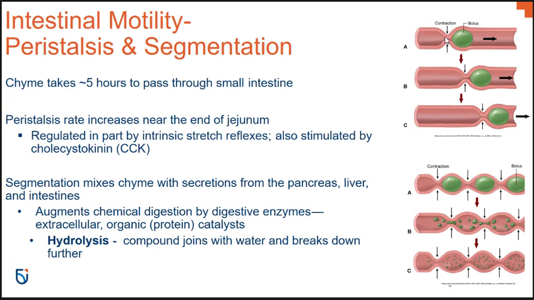So a quick refresher here on motility. We talked about peristalsis being that progressive forward movement of food throughout your GI tract, and that it occurs in your esophagus, your stomach, and your intestines, but segmentation was more specific to your intestines, where contractions will occur that take food where it is in a segment and mechanically break it down, encourage it to mix with digestive juices in the area, but also, when food is small enough, put it into close contact with the intestinal mucosa in order for us to actually absorb those nutrients.